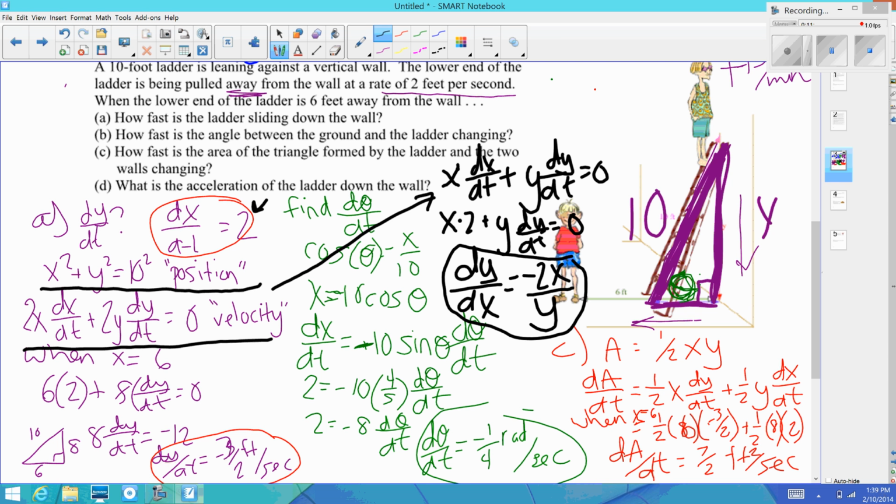All right, so if you want to find the acceleration of the ladder down the wall, take the derivative of this. So you're going to find the second derivative and then plug in all of the values you know when x equals 6. Okay, so you have x, you have y, you have dx dt, you have dy dt. So this is something that I want you to put in your WISC.